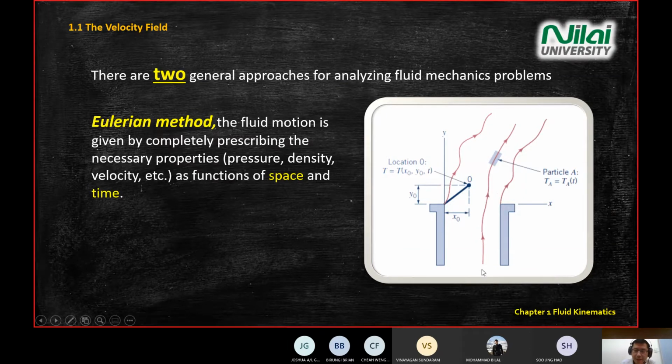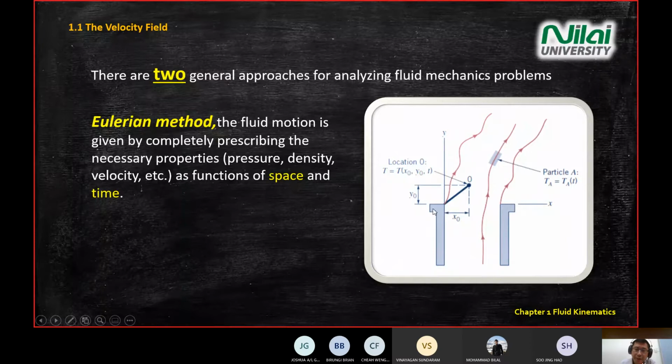So let's say we have a chimney, a channel, and there's smoke coming out from this opening. This is a 2D cross-section. Imagine this is a cylinder, and then we cut the pipe and we see this cross-section. The smoke is coming up from bottom to above.